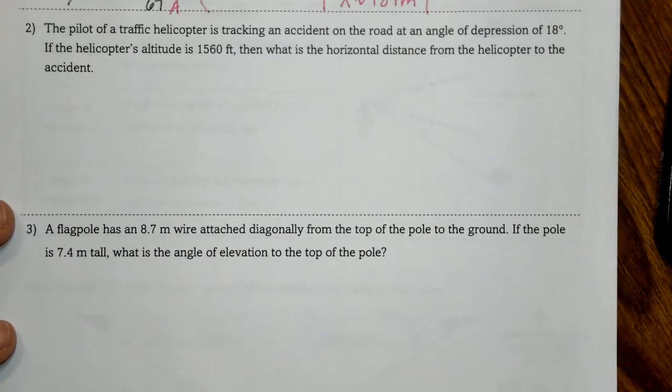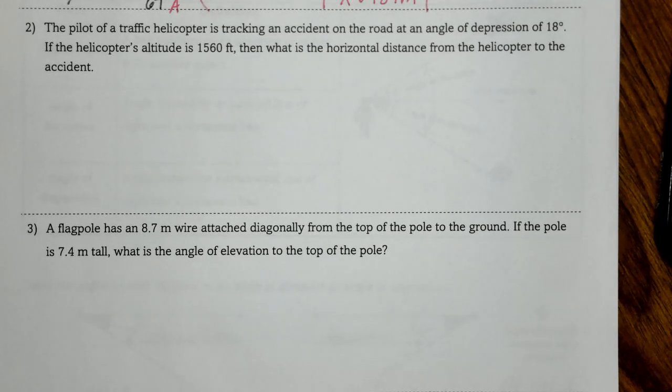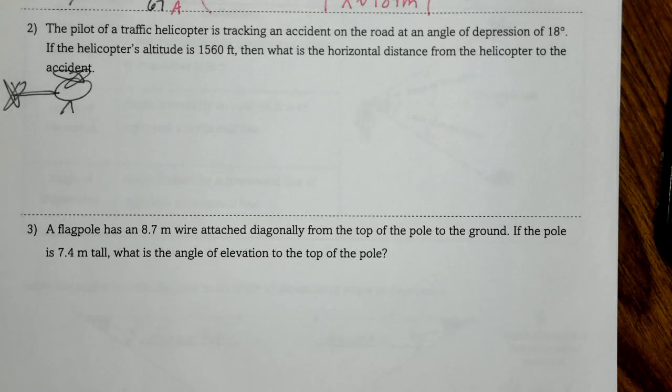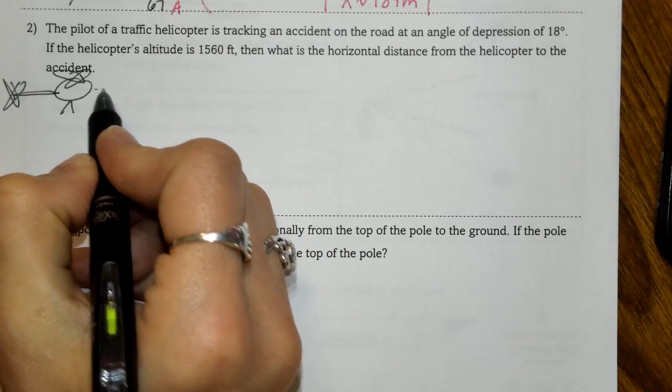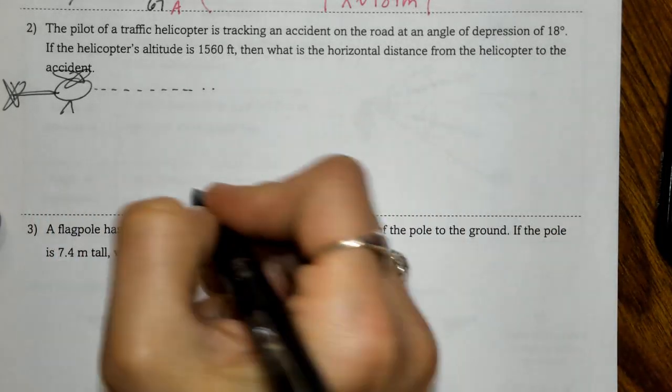All right, next story. We've got a pilot of a helicopter. Let's see this beautiful drawing. Gorgeous. I know, I should have my artwork in the museum. He's going to be up in the air, okay? He's tracking an accident on the ground. So keep in mind, here's your horizontal distance, okay? And we've got this little accident down here.